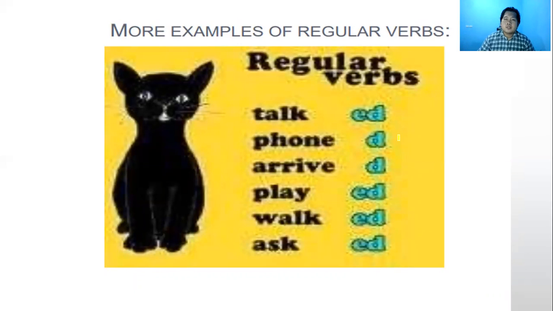More examples of regular verbs. Talk plus ed is equal to talked. Phone plus ed is equal to phoned, or called. Arrive, since it ends with e, we just have to add d at the end.